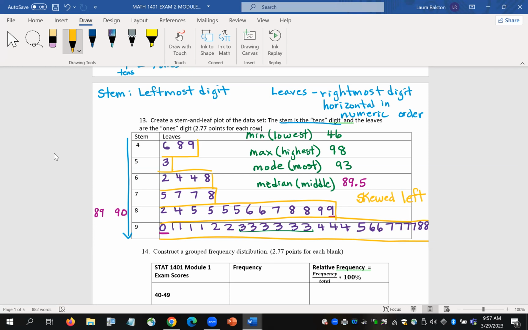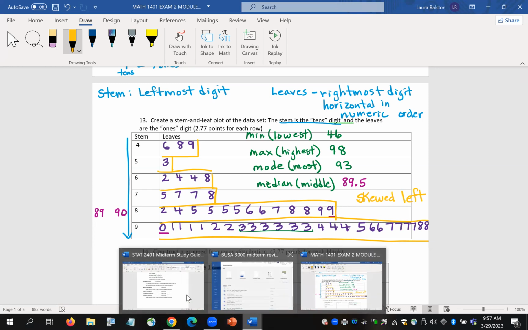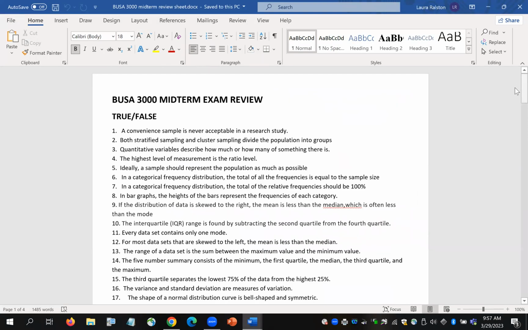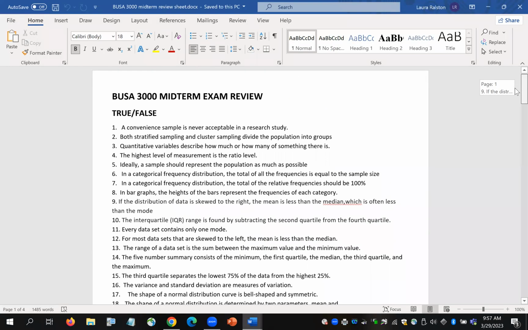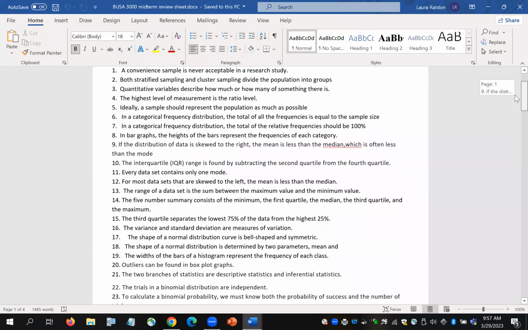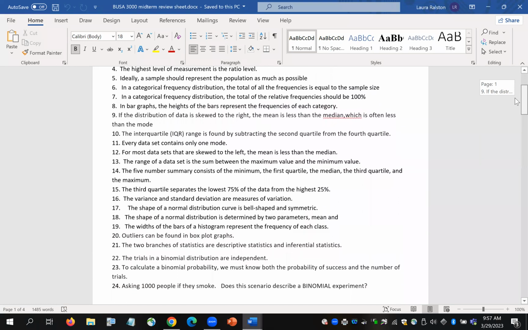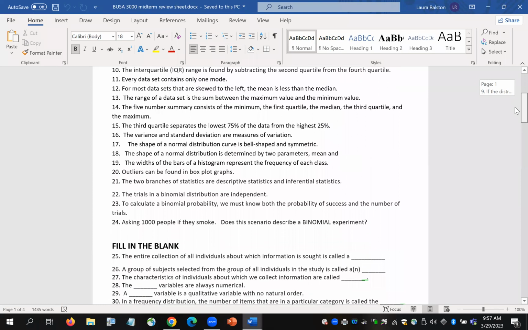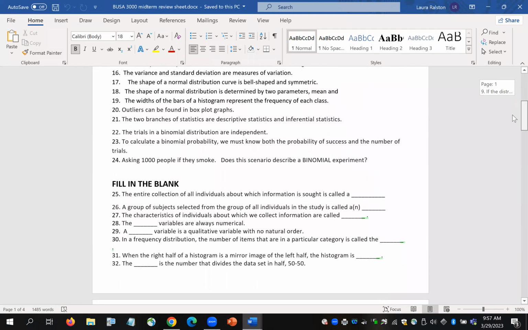Now, I don't believe you have to actually create one on the test, but there are some true false or fill in the blank questions related to a stem and leaf. Let me see if I can scan the true false questions here. Okay, I don't see one there.